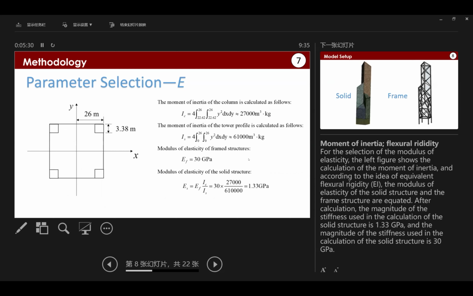The second material parameter is the elastic modulus. The figure here shows the calculation of the moment of inertia. For the idea of the equivalence of the solid structure and the frame structure, we can calculate the fluctuation.